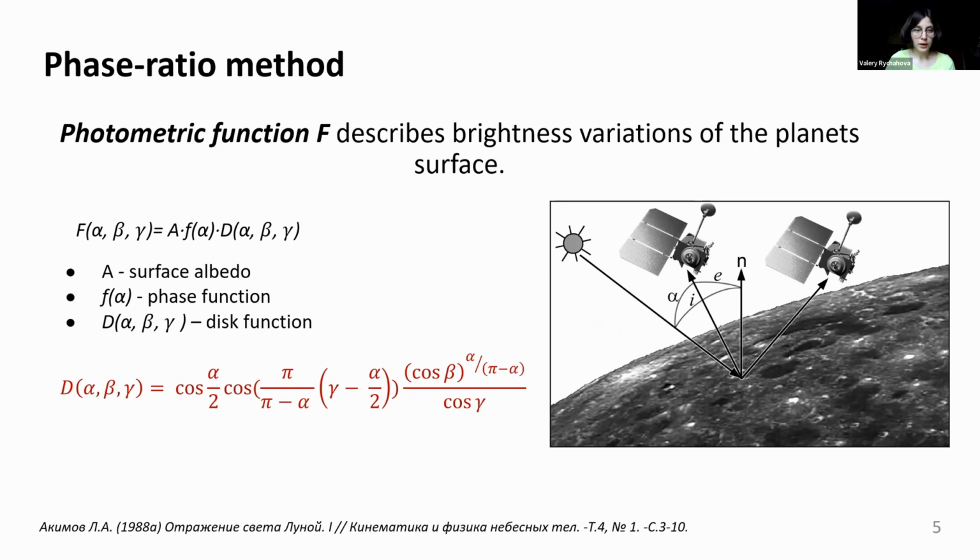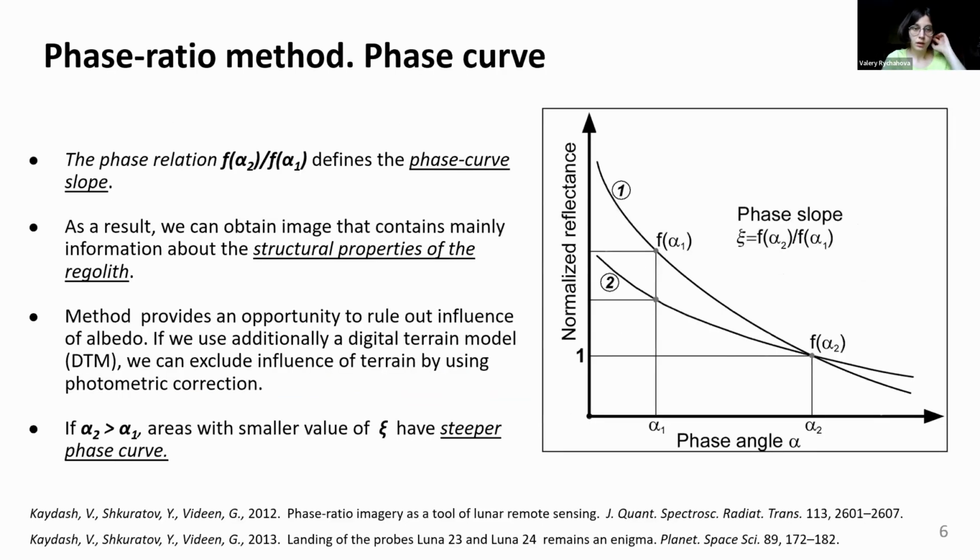By dividing the signal in the respective pixels of these images, we could obtain information about the slope of the phase curve, such as a map of the slope of the phase curve. Here in the formula, we can see the phase function f in dependence on alpha, the phase angle. Next, please.